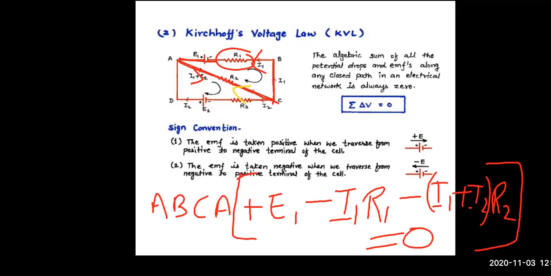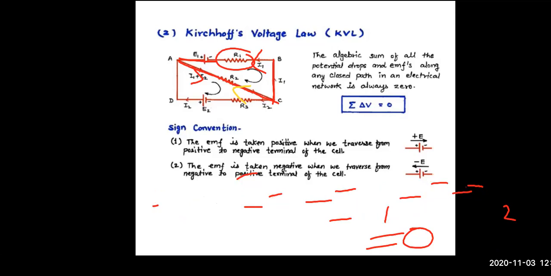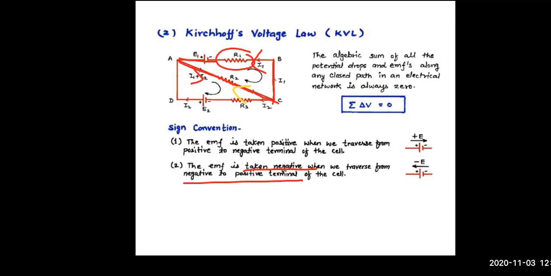So like this, we will form an equation for loop number 2, and once we get two equations, we can solve them using the elimination method. I hope this is clear. When you are moving from the negative of the cell to the positive, the first sign that comes is negative, so the EMF you will take as minus.